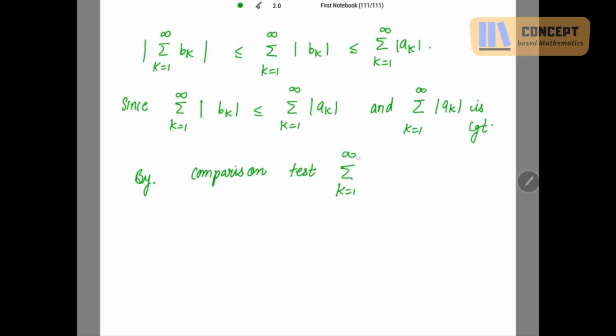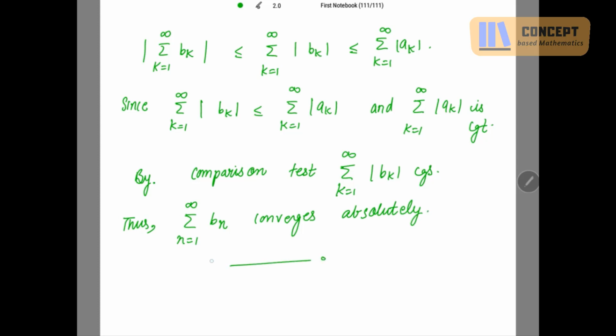K going from 1 to infinity, mod bk, this also converges. Thus, that's it. Summation n going from 1 to infinity, bn converges absolutely. Fine. This is how we prove the series to be absolutely convergent.